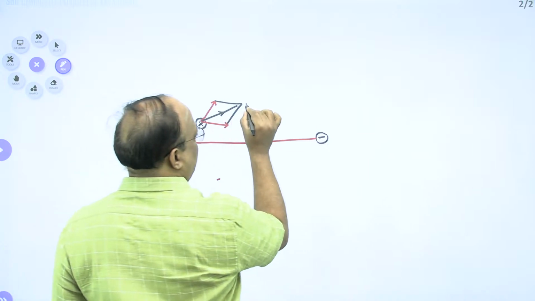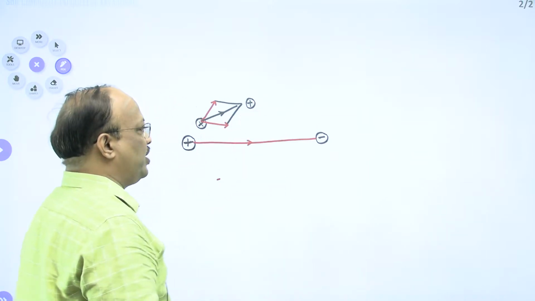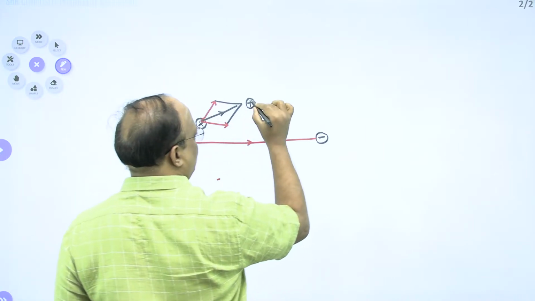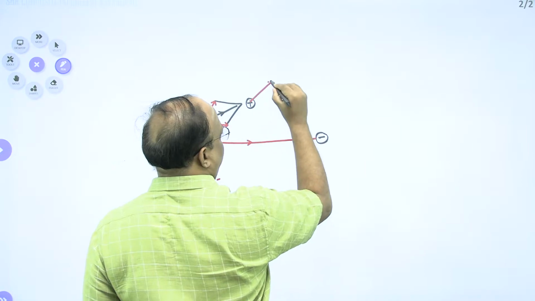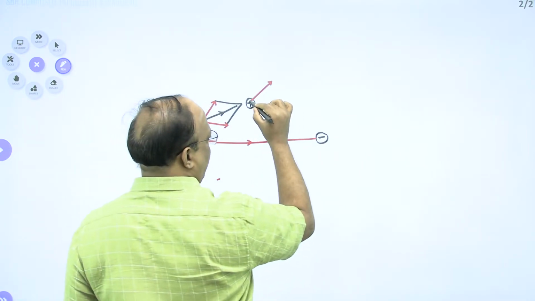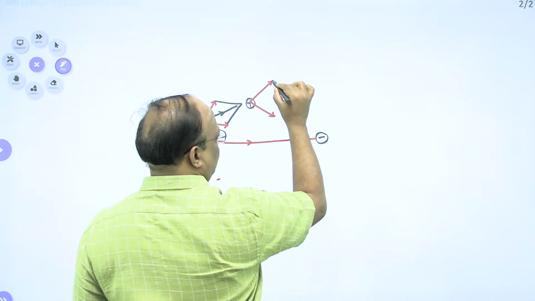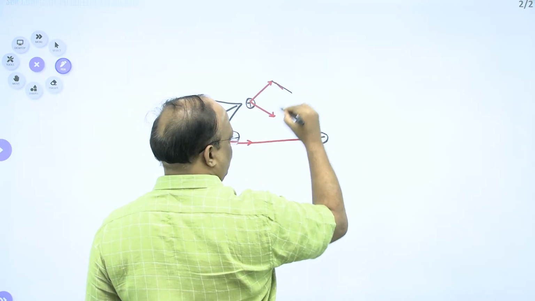So this positive charge will come somewhere here. Now this will be positive and positive, so this will be repelled like this, and this will be repelled like this, whereas this is attracted like this. So the vector sum of these two.